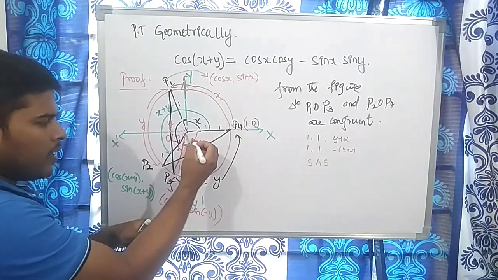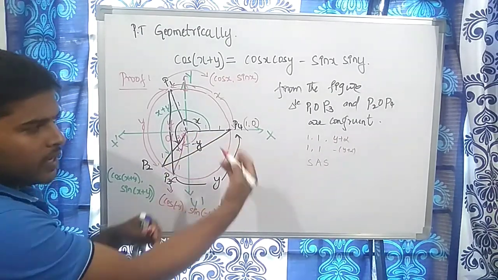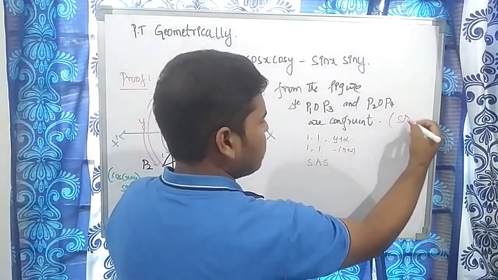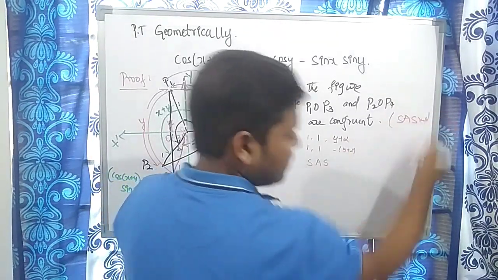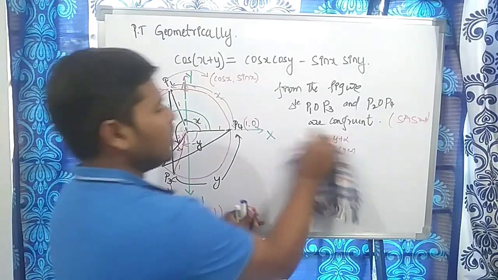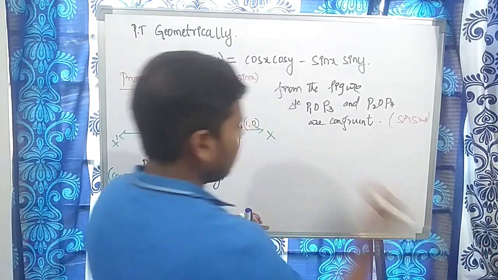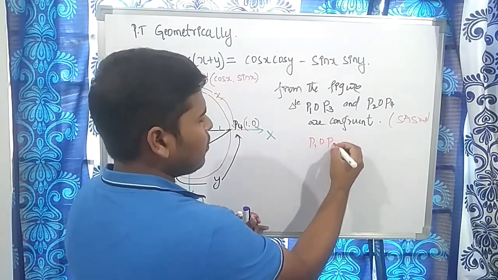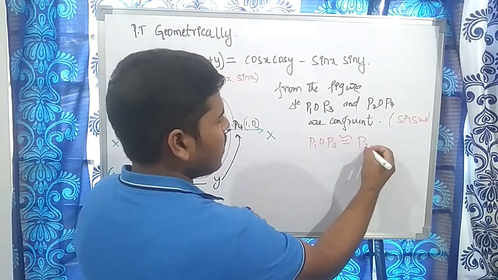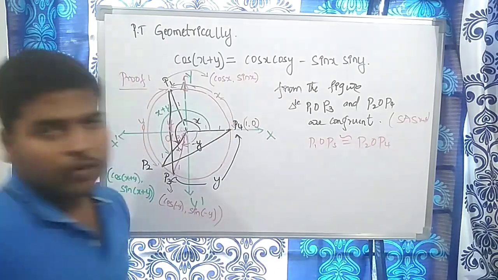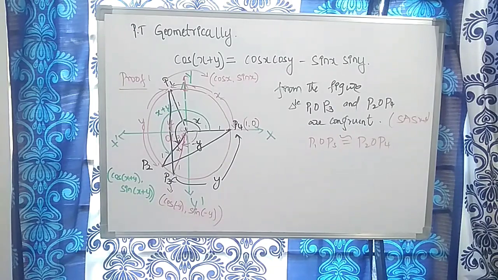By using this condition, because of the SAS rule, we can say the two triangles are congruent. P1 O P3 is congruent to P2 O P4. Important step: the two triangles are congruent by the SAS rule.